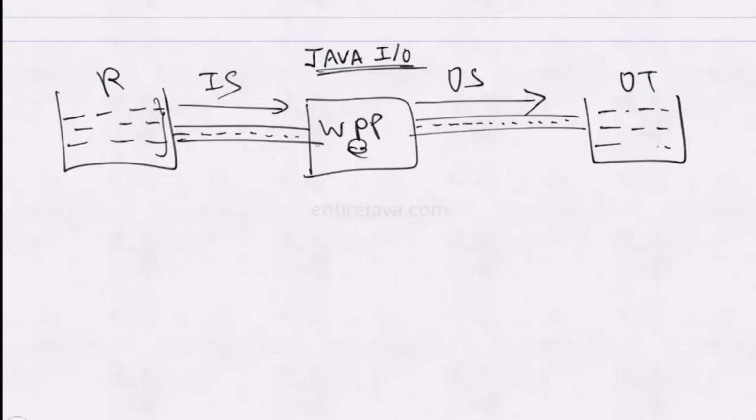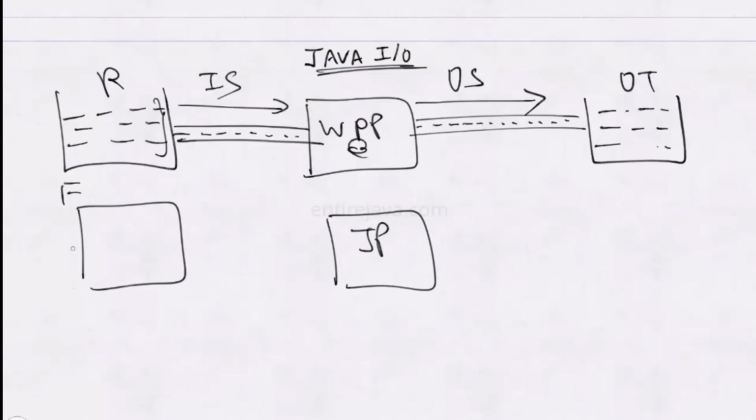We can replace this water purifying plant with a Java program, and we can replace this source, or the river, with a file. There can be any number of sources, but for the sake of this example, let's consider it to be a file, and this file will have some kind of text in it.